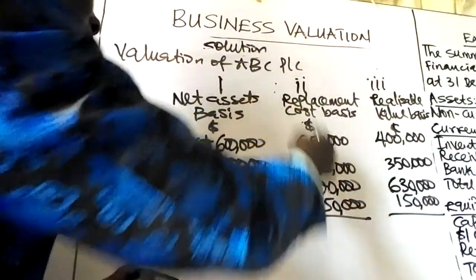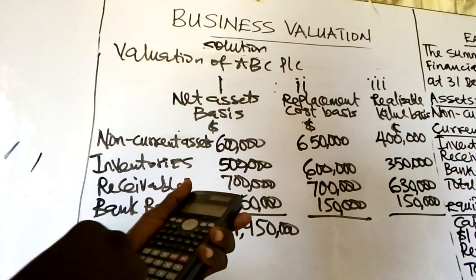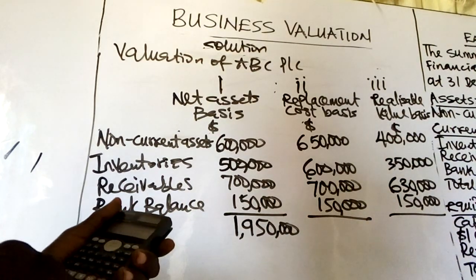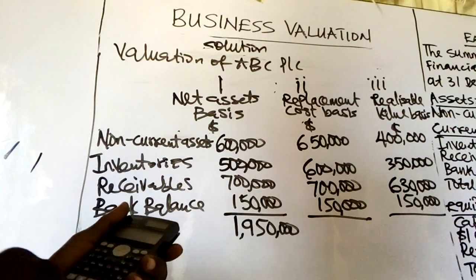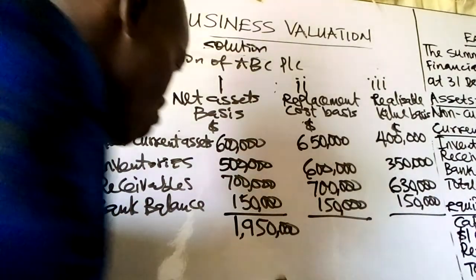Then for the replacement cost, you have 650,000 plus 600,000 plus 700,000 plus 150,000. There you have 2.1 million.